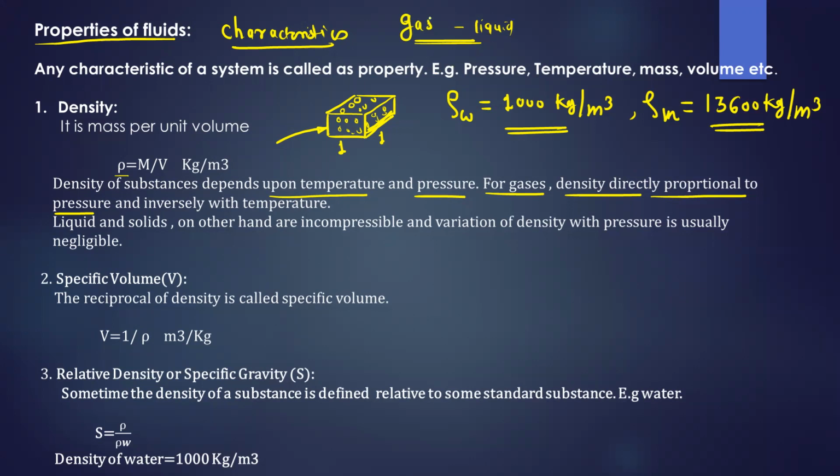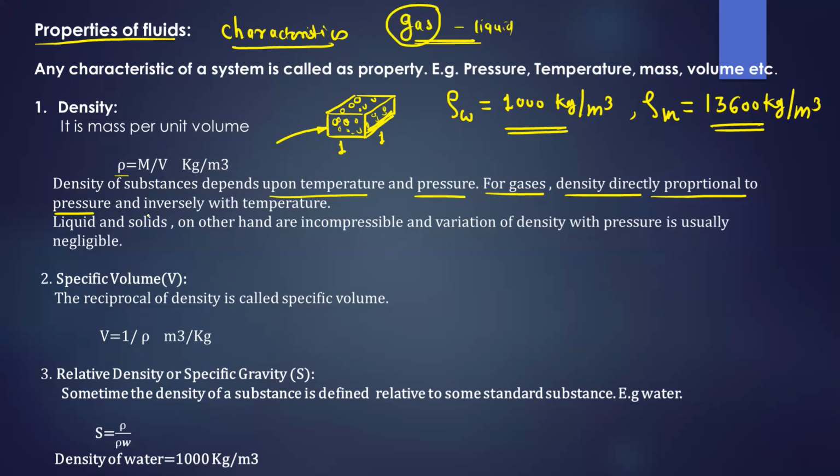So if you take the gas and if you heat the gas, then the intermolecular distance will increase, and therefore its density will decrease. And if you cool the gas, its density will increase.